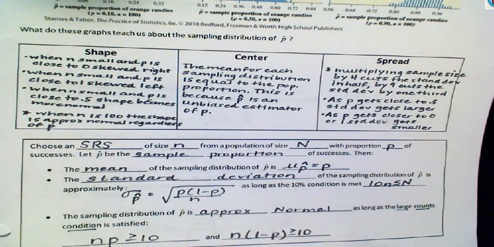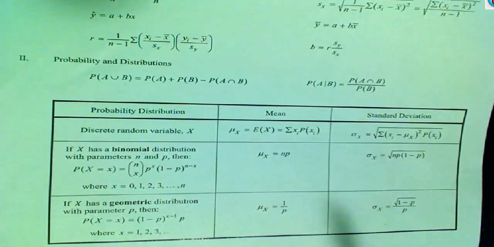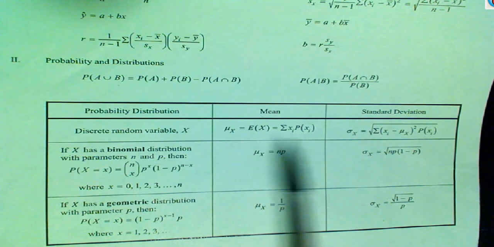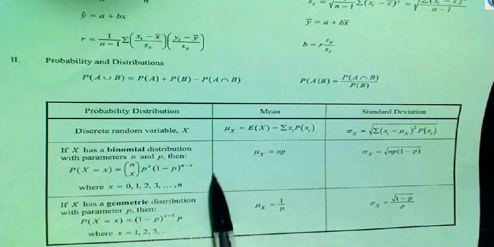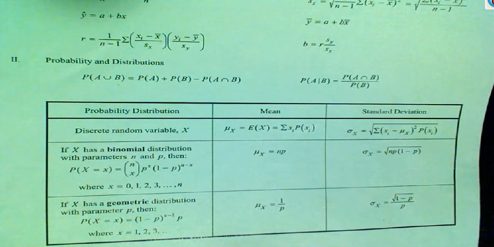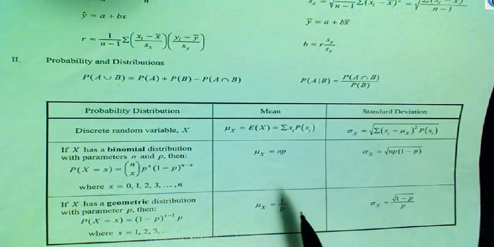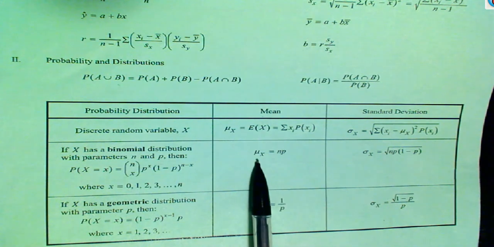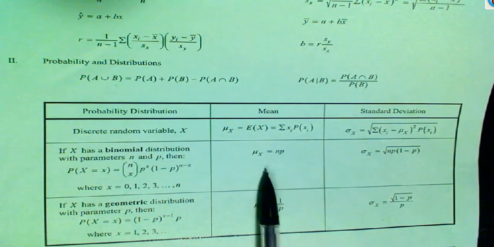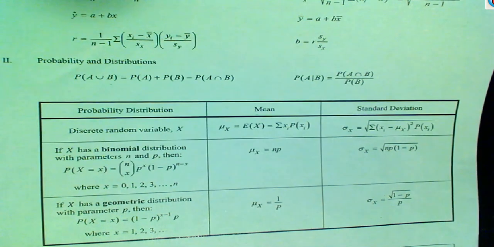All right, so let me show you on the formula sheet where these formulas are. This was the last chapter we used. Here was our random variable, how to find the mean and how to find the standard deviation. This was the formula for our binomial and our geometric distribution.